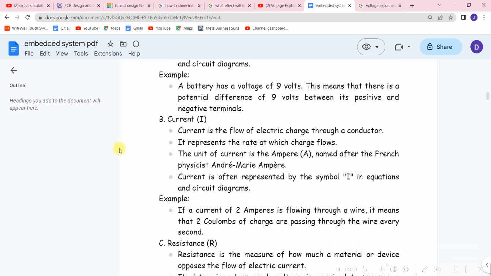Current is the flow of electric charge through a conductor, and it represents the rate at which charge flows. When they say charge, they basically mean electrons. Don't worry about what electrons are. Electrons are basically part of an atom. We all have electrons flowing through us; they are charge carriers. Never worry yourself about that either.